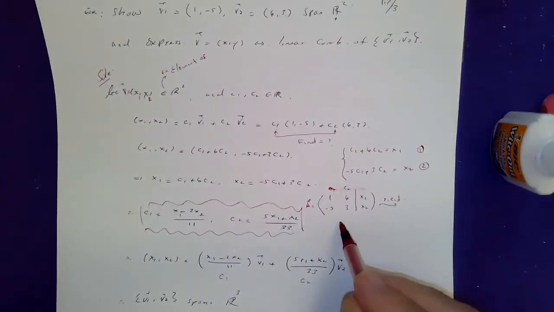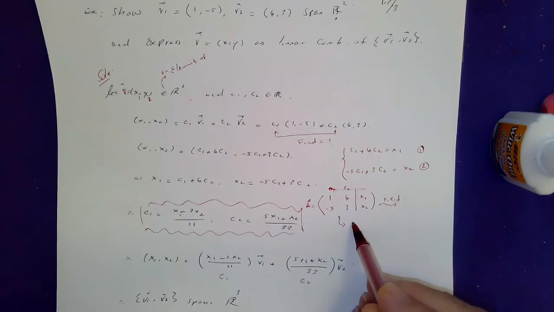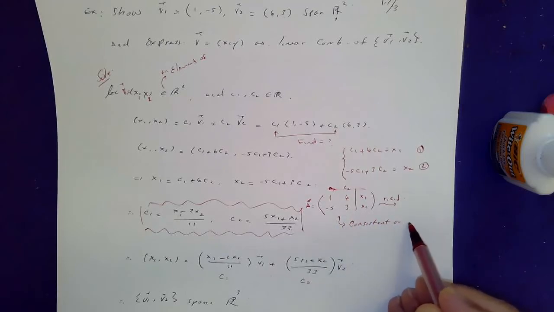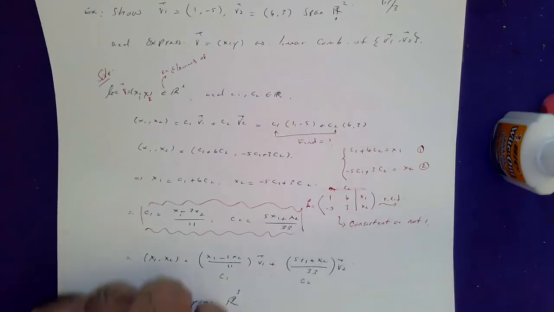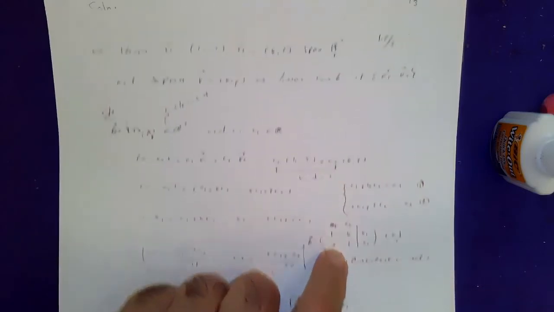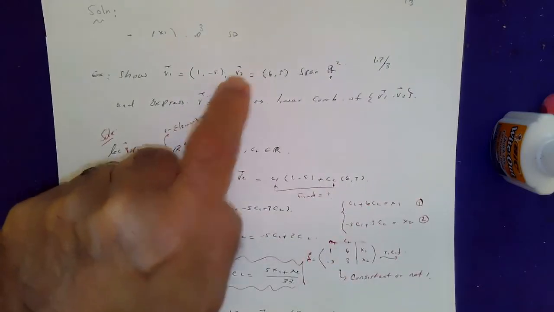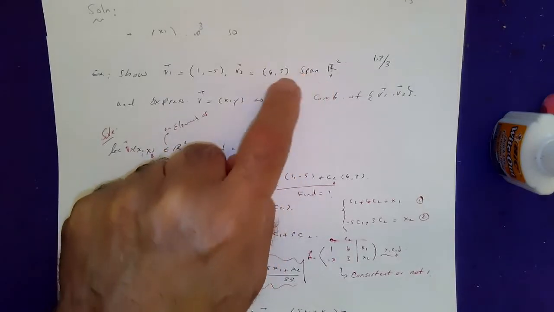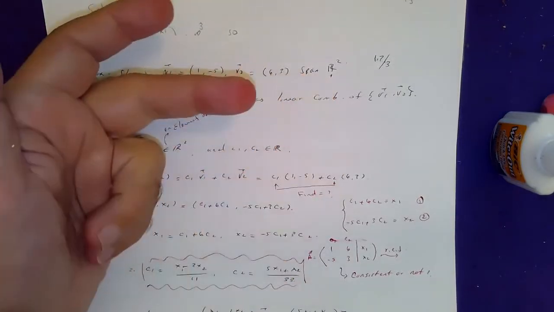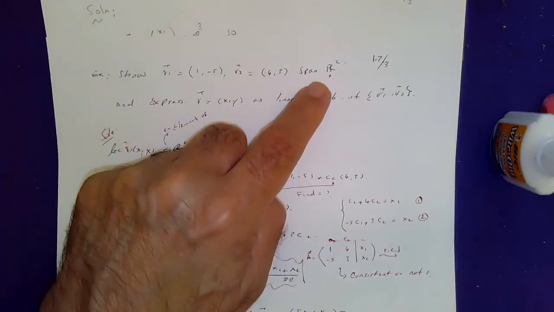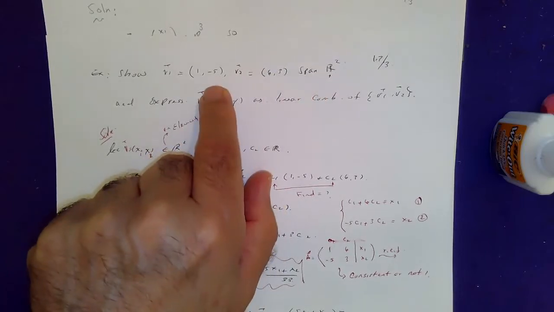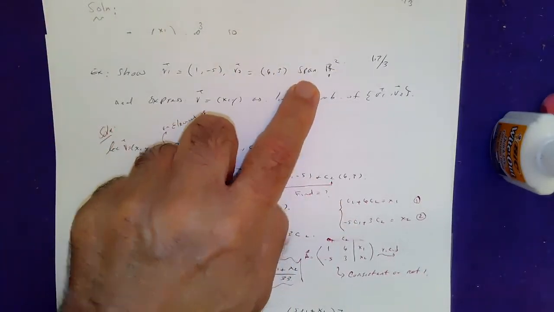In other words, the entire conclusion depends upon whether the system of linear equations is consistent or not. If the system has a solution, then these guys do the job, which is span R2, which means any other vector in R2 can be written as a linear combination of V1, V2, regardless of what you select in R2.